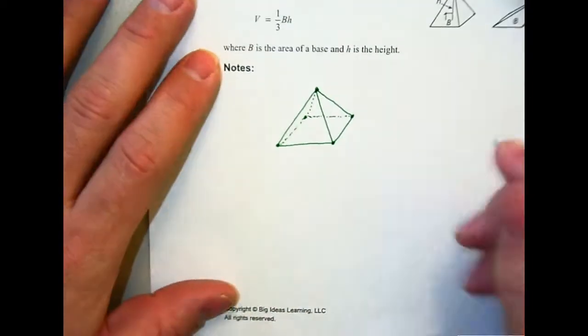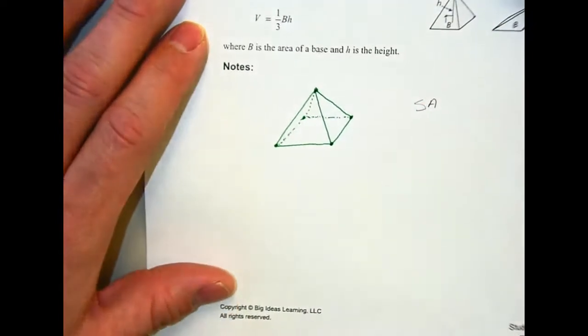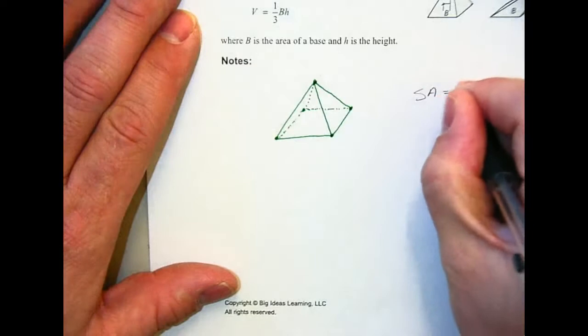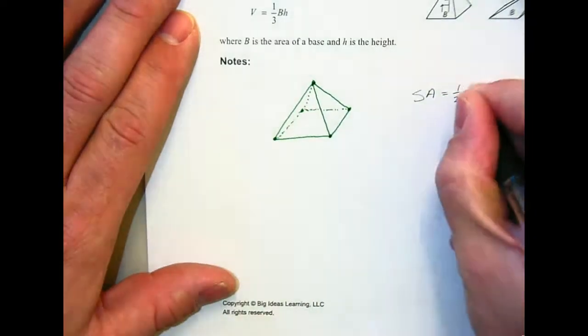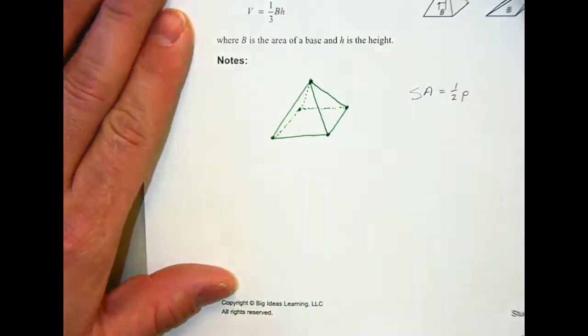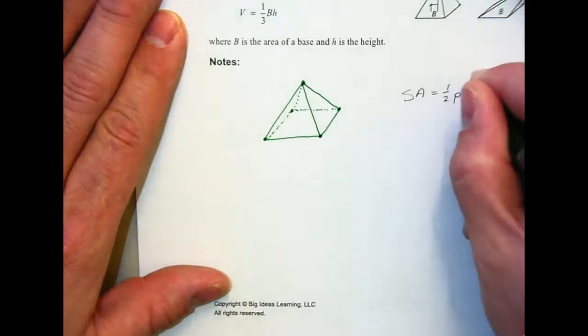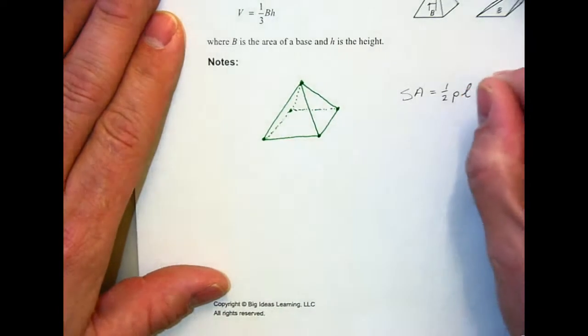All right. So surface area. Surface area is equal to 1/2 the perimeter of our base times our slant height plus the area of the base.